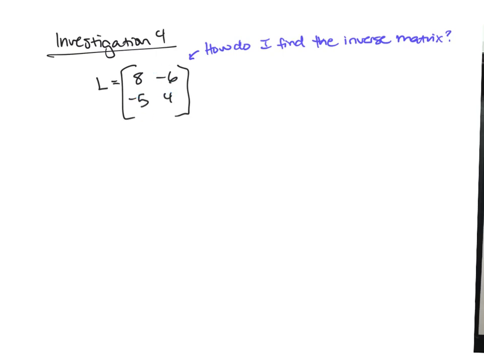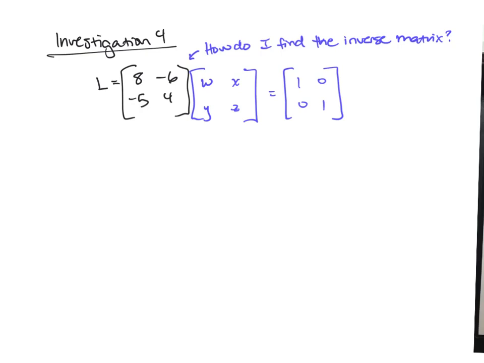I've got this example, and one of the ways, and this is decidedly the long way, but it will work, and it would work for you anytime, is you can give yourself some other matrix. So w, x, y, z, and if when you multiply these together you get the identity matrix, you can do that. And this will really give us a system of equations that we could use to get the matrix that we want.